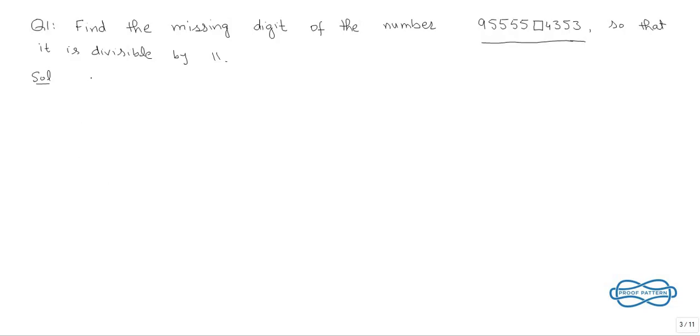Suppose the missing digit is x, then we have 9 4 5 x 4353 is divisible by 11.